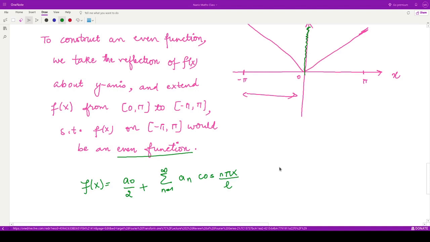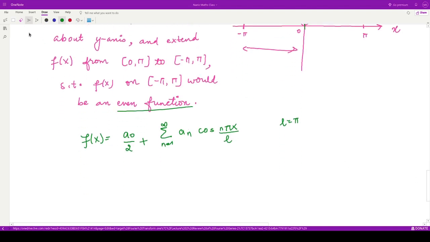L here is basically pi. So we do not have to write this pi by L formula; we can simply put the value of L equal to pi. So we would have a naught by 2 plus summation n varies from 1 to infinity a n cos nx, where what is this a naught?